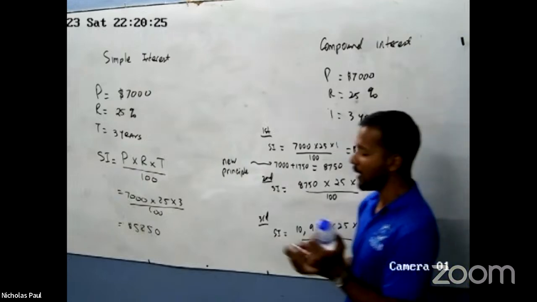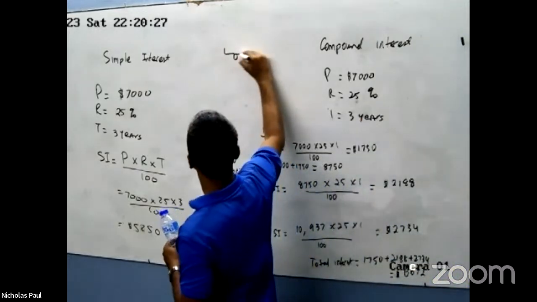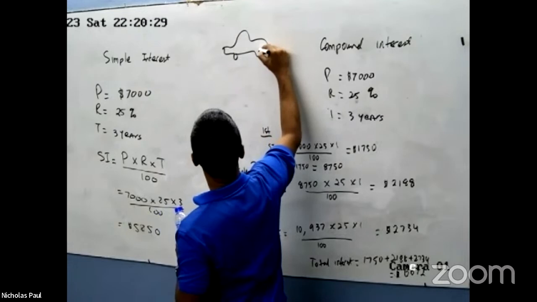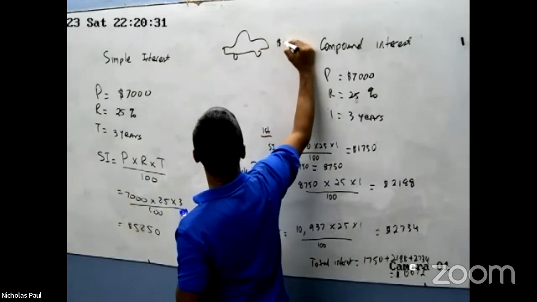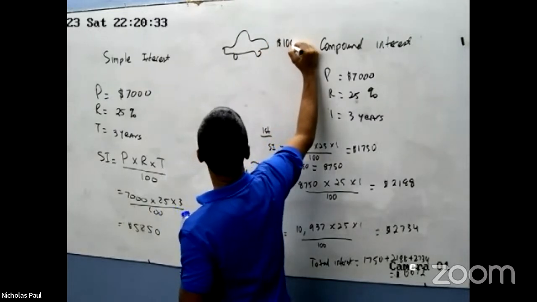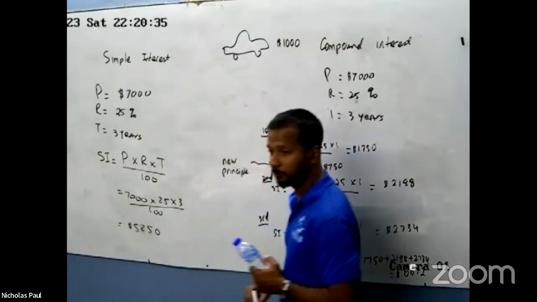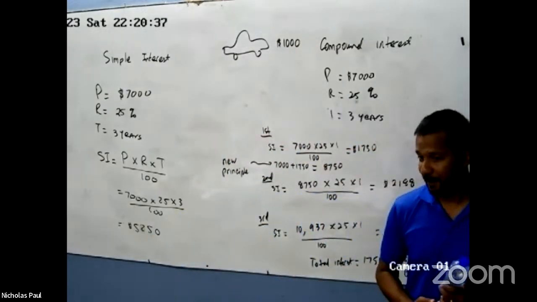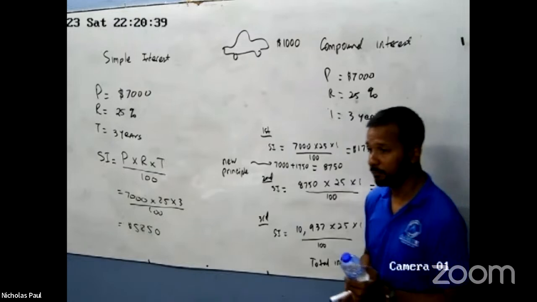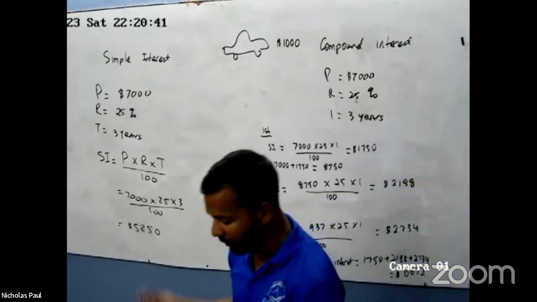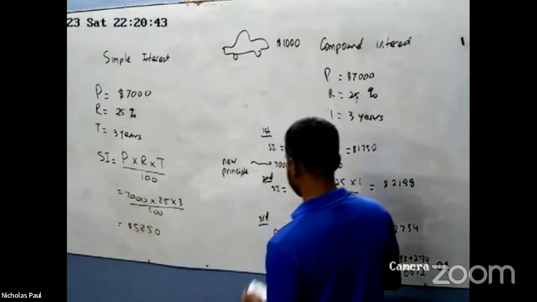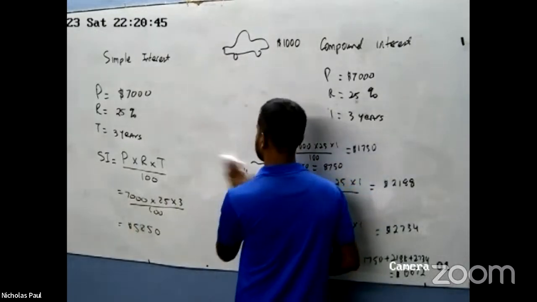So let's say we have this car. This car is worth $1,000, and it depreciates by 10% every year. Every year, the value of that car is going to depreciate by 10%.